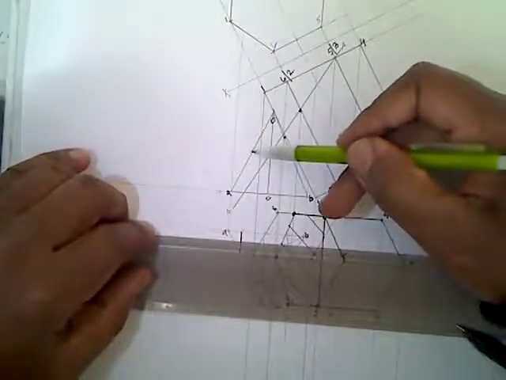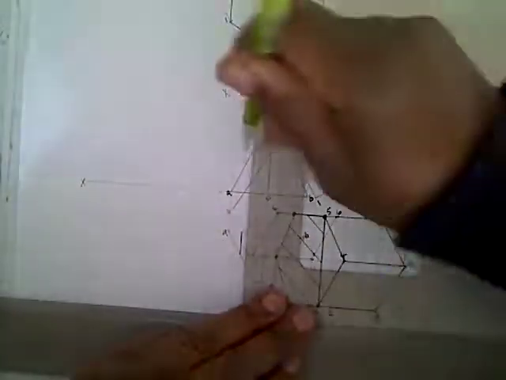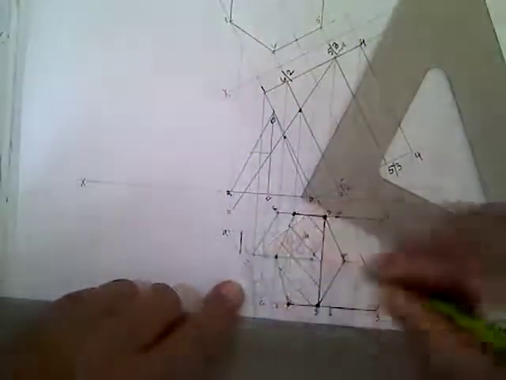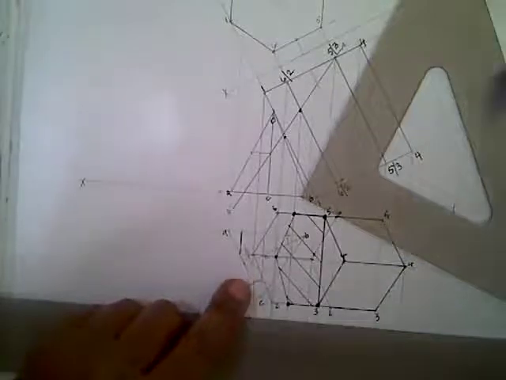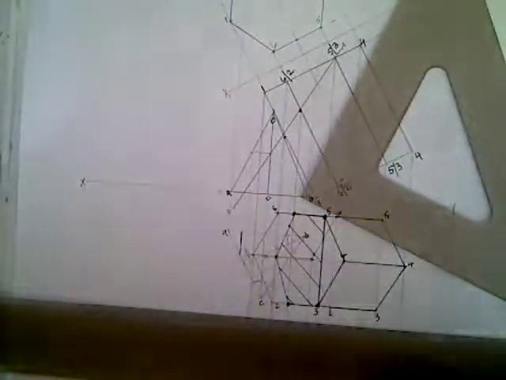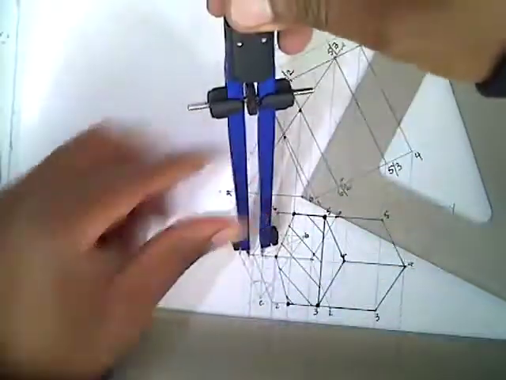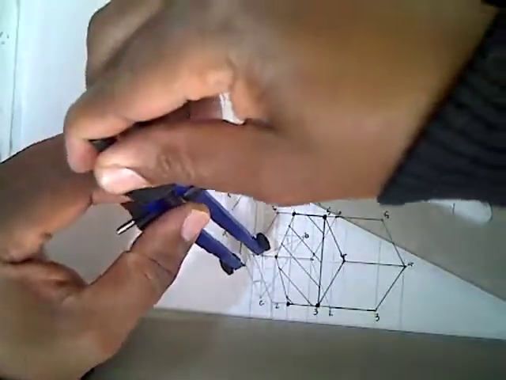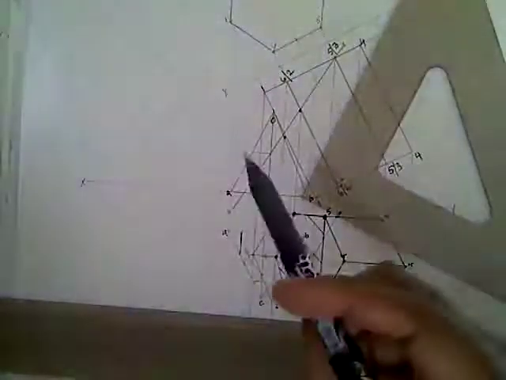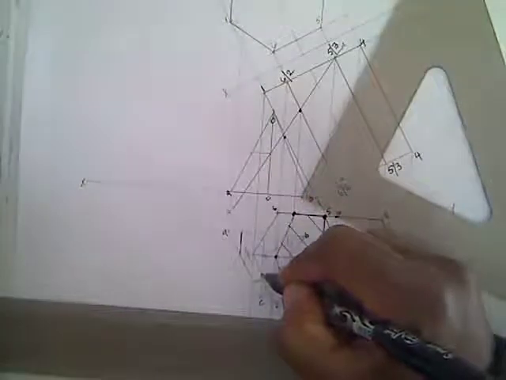I'm taking it to A. I've taken it to A, but it does not belong to A. I rotate it from my center. I transfer it to where it belongs, C. C is cut there.